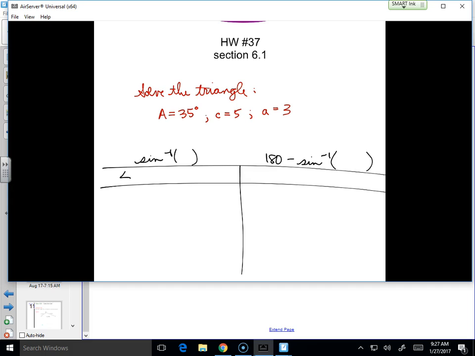We're solving for angle C first, right? Are we really good at setting up law of sines?